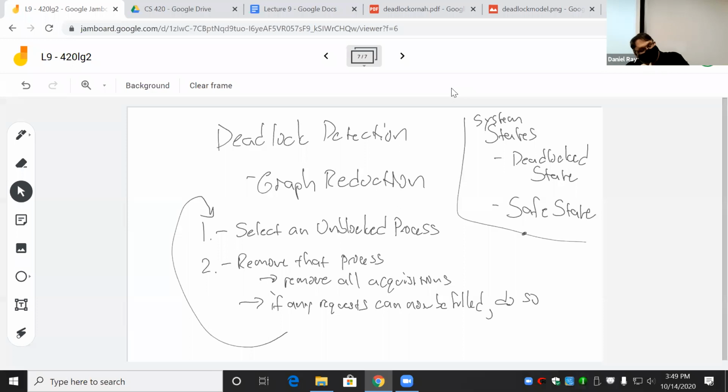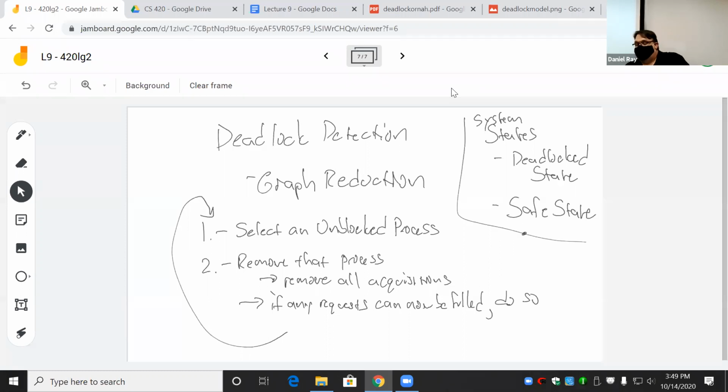What are the two possible outcomes of repeating this? Talk to me about it in terms of the graph that's going to be left. You could end up with no processes. And if you end up with no processes, then that means you do not have a deadlock in your computer in the current state.